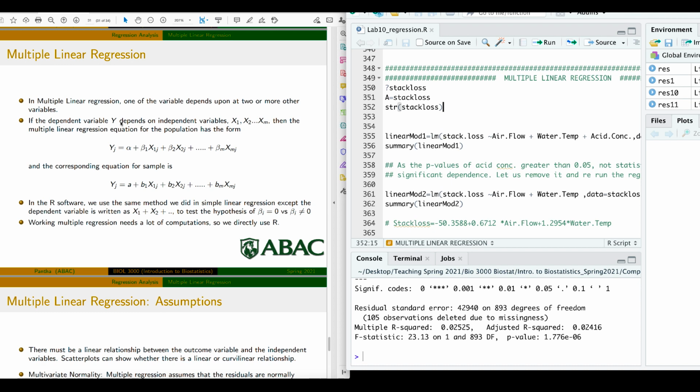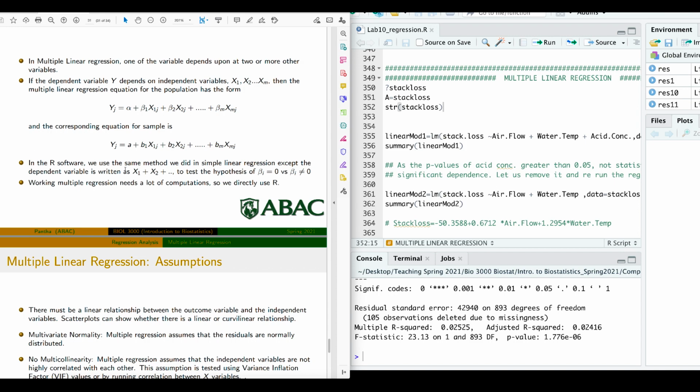If the dependent variable y depends on independent variables x1, x2, x3, x4, and so on up to xm, then the multiple linear regression equation for the population has the form: previously we had just y equals alpha plus beta x, right? Now we have more x's, so more betas as well. So yj will be alpha plus beta 1 x1j plus beta 2 x2j, and so on. And the corresponding equation for the sample, where we denote by y hat, is y hat j equals a plus b1 x1j plus b2 x2j, and so on.